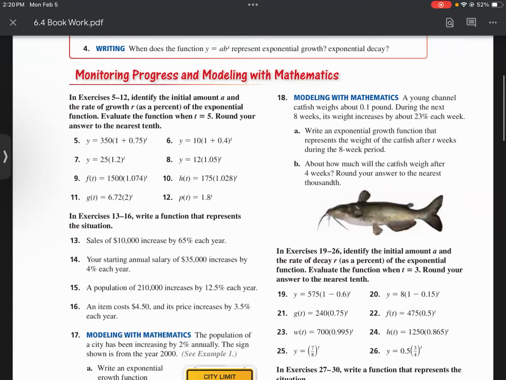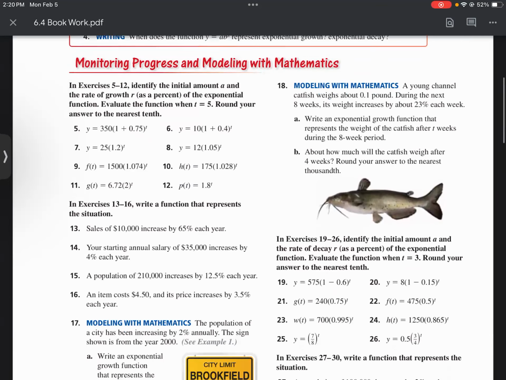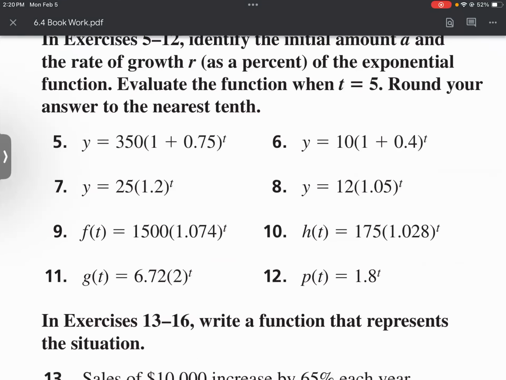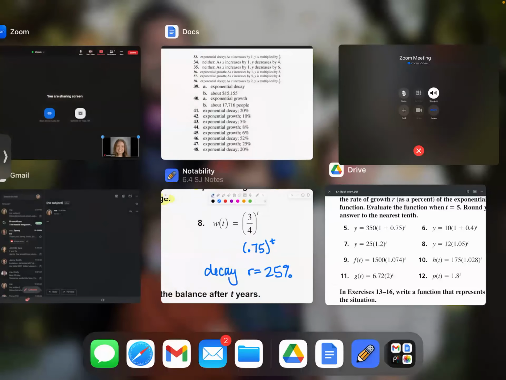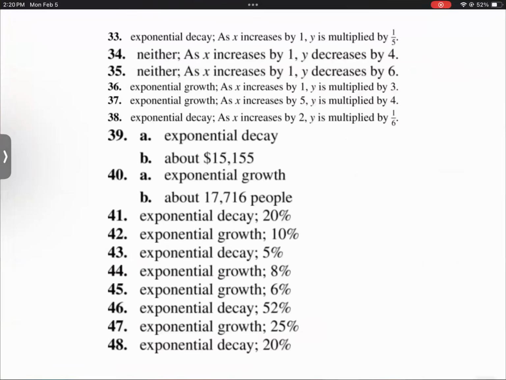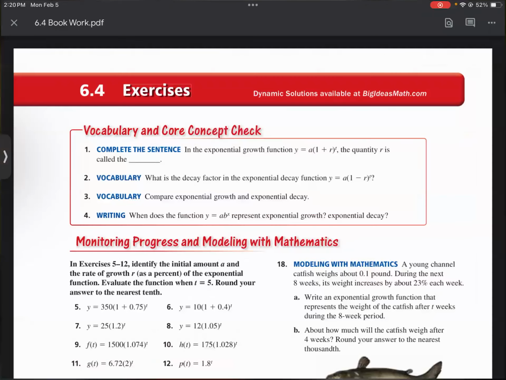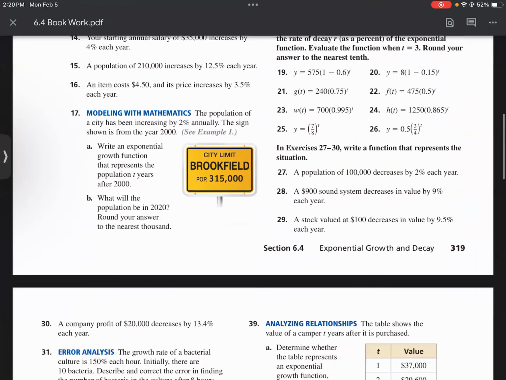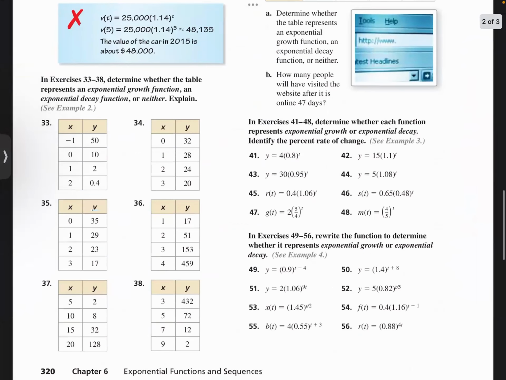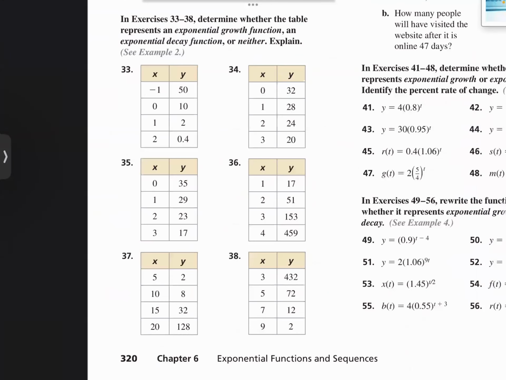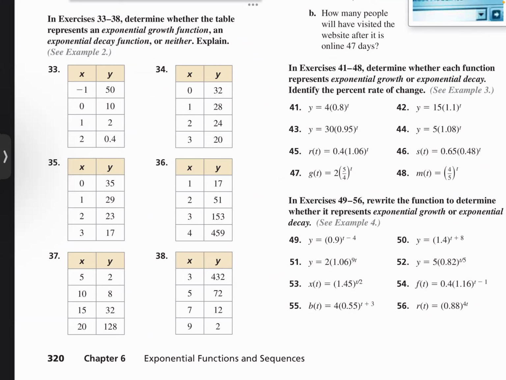We're in 6.4. So I know that you need to do 33. Whoops. Try that again. How about you do 33 through 38 right now? That would be perfect. For right now, do 33 through 38. I think it's 33 to 48.